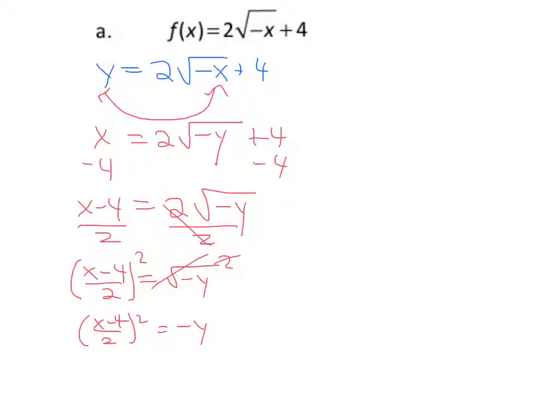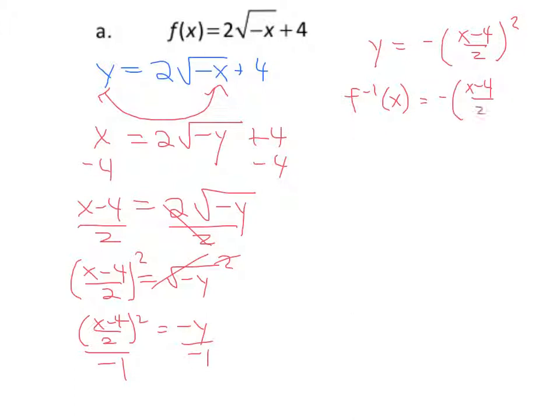Then we almost have y by itself. We just divide by negative 1 on both sides, and so we get y equals negative quantity x minus 4 over 2, squared. Now our last step, instead of writing y, we say f inverse of x equals negative quantity x minus 4 over 2 squared. And that's the inverse function.